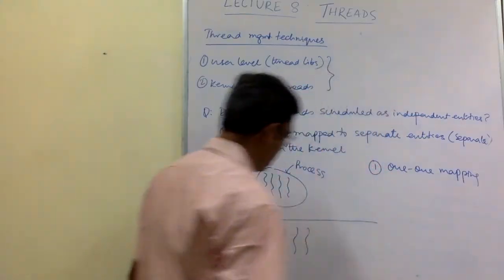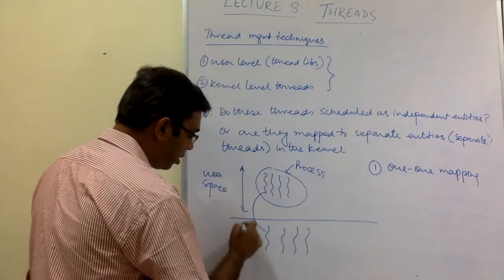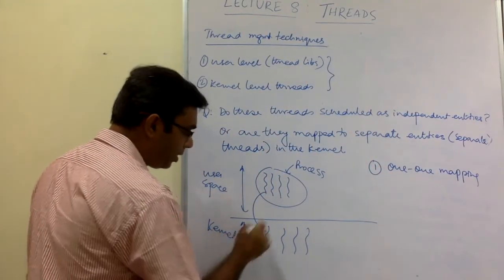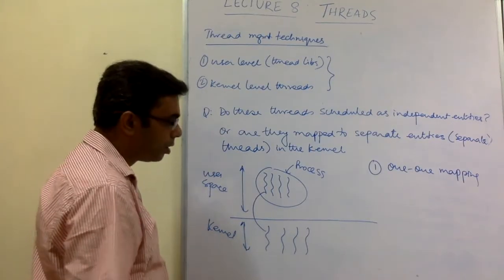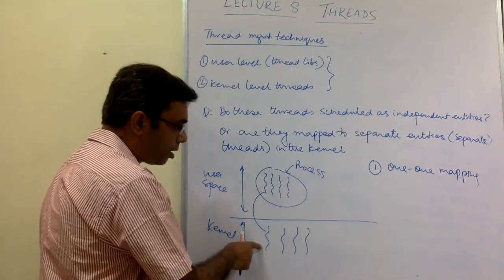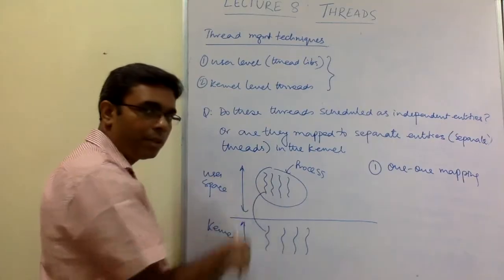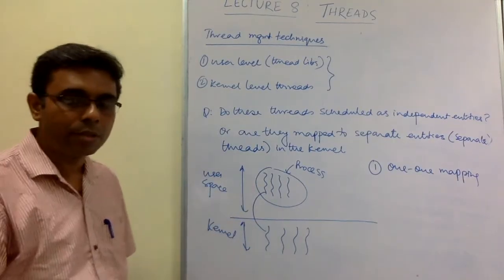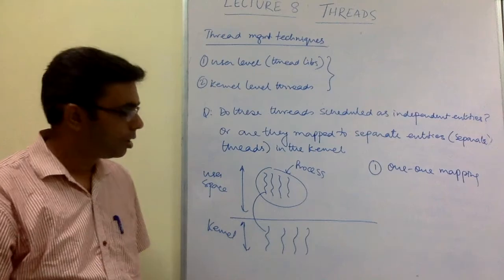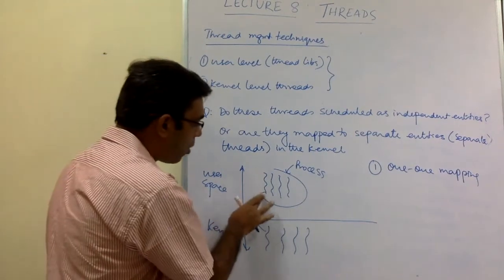If the kernel supports multiple threads and a process has created multiple threads in the user space by making use of user libraries, your mapping could be one-to-one.